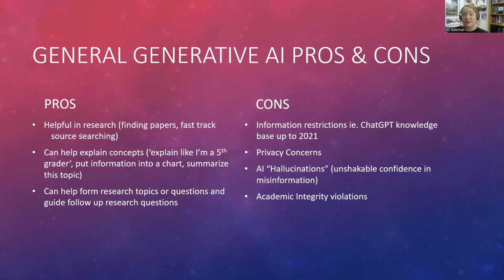Some of the cons would be information restrictions. We'll go more into this when we get to our ChatGPT video, but its knowledge base is only up to 2021 at the time of recording. So all the information that it has on history, it might be good, but if you're asking it something about present day or real-time information, that can be an issue that it maybe won't be able to answer. Privacy concerns are something as well.